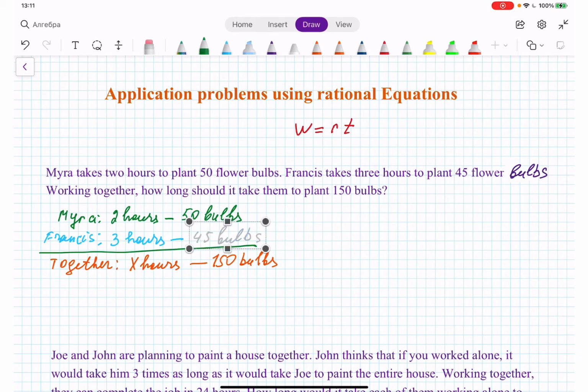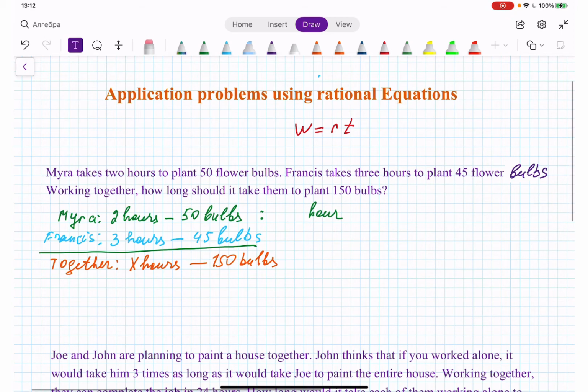So if Myra for 2 hours planted 50 bulbs, that means for 1 hour she plants 25 bulbs.